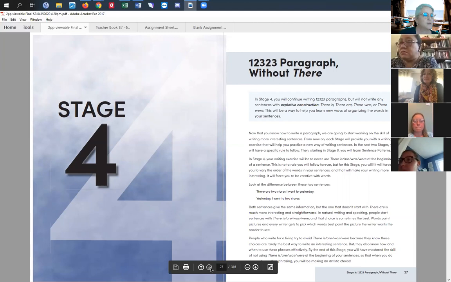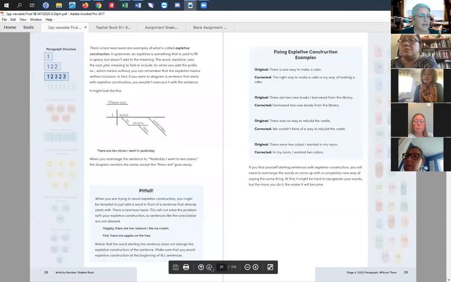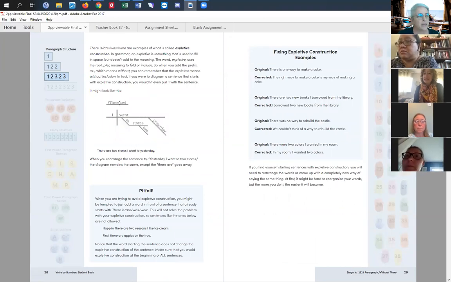So the first thing we do in stage 4 is we teach them to not begin with what's called expletive construction, which is just a fancy word for starting out with there is, there was, there were, there are. And I don't do a whole lot of diagramming, so don't get scared if you don't like diagramming. But I did show you this diagram to show you how useless those first words are.